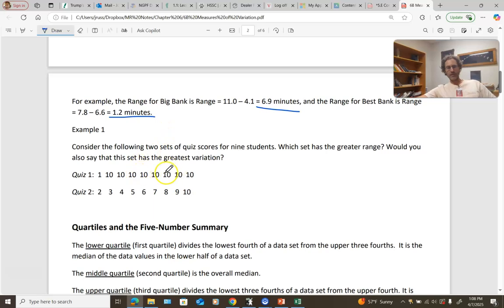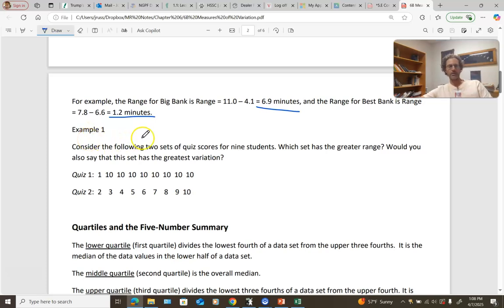Because as you'll see in this next example, the range is not really a very good descriptive for, well, it can be, but there are instances in which it falls short or is definitely lacking. Okay, and this example 1 is going to highlight this.